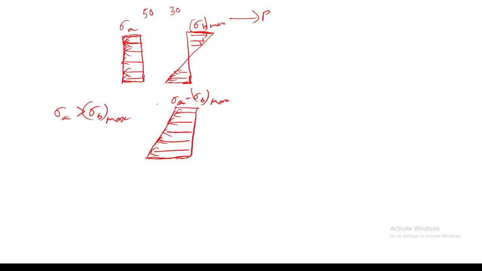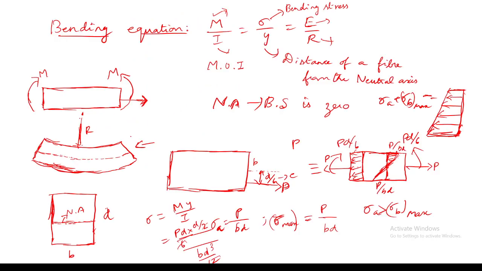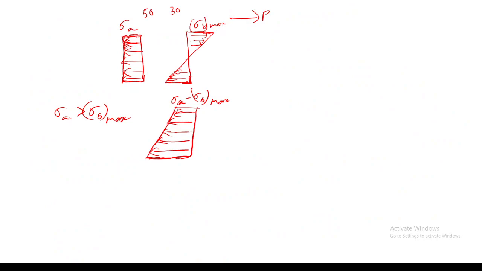Since you are having compressive stress at the top layer, whereas the bottom fiber is in tensile stress, the net stress at the top fiber will be 50 minus 30, which is equal to 20, whereas at the bottom it will be 50 plus 30, which is equal to 80 tensile, and also 20 megapascal tensile at the top. So I have drawn the variation like this.